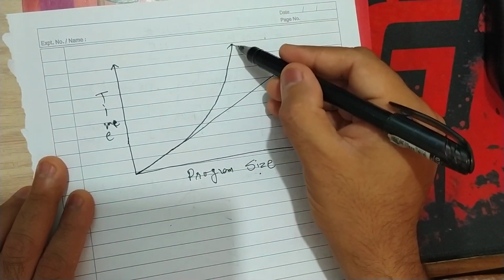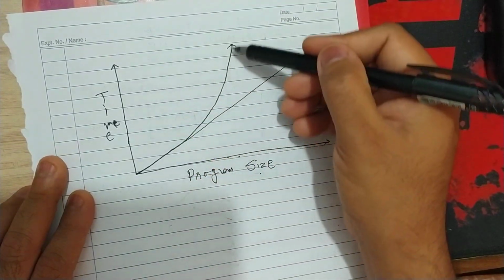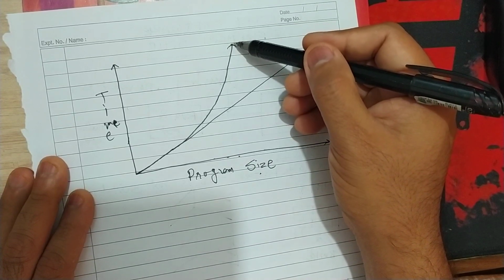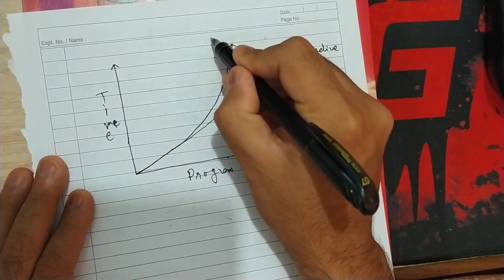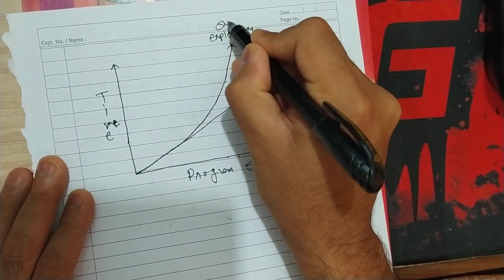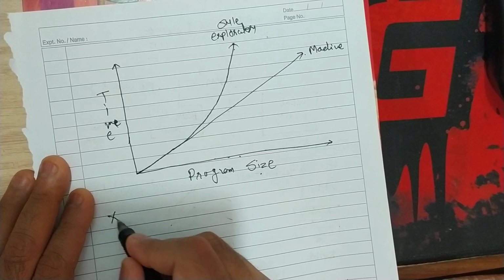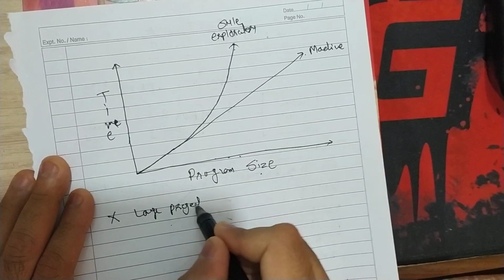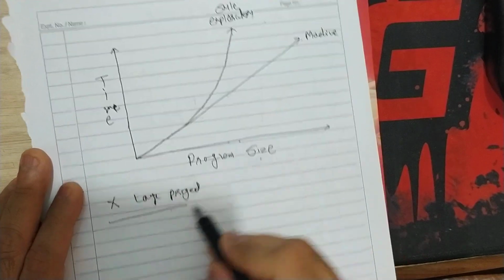See how it is going up and up. My program size is not doubling, but the time is going up more and more. At that point, it won't be possible to develop the program. So this is like a machine, and this is our time. For a large project, this style is not suitable. That's why we should use software engineering techniques.